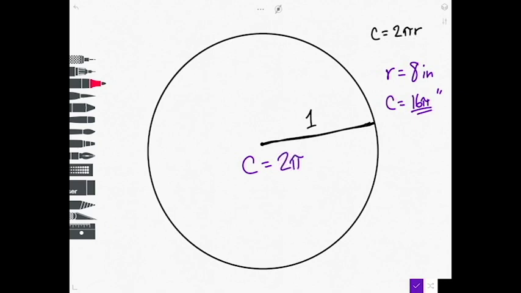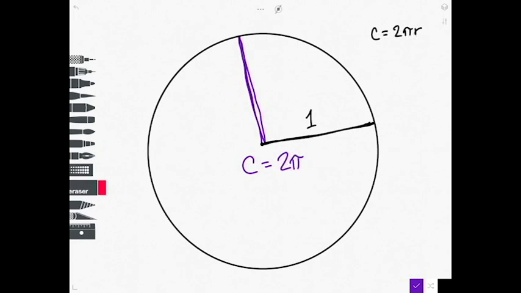So if I wanted to, for example, only go a quarter turn here, which I'm going to try to draw as a right angle. It's not perfect. Well, I just take that 2 pi. If I'm in this circle here, just in this unit circle, we'll just stay there for now. I just take my circumference and I divide it by 4.